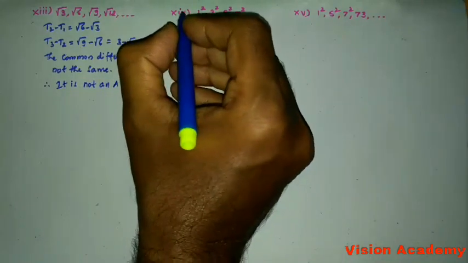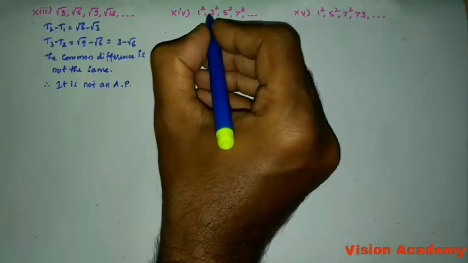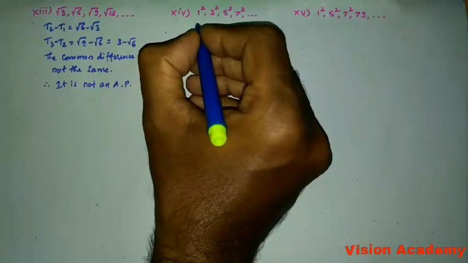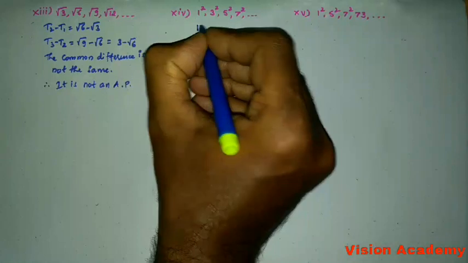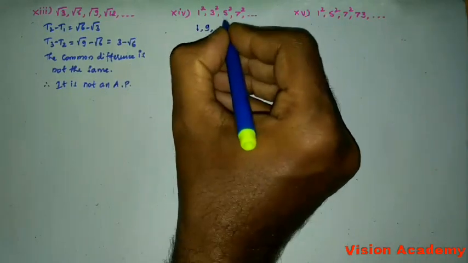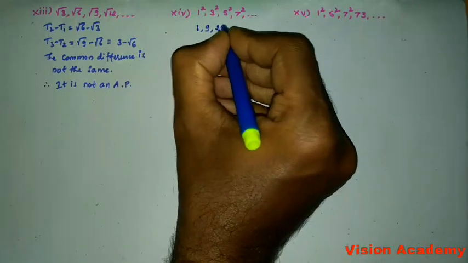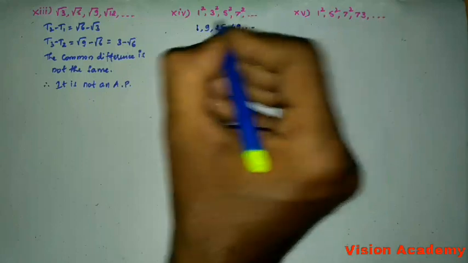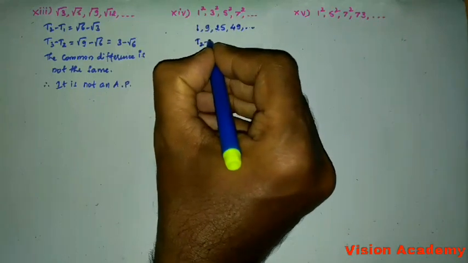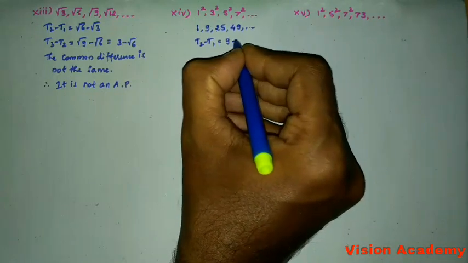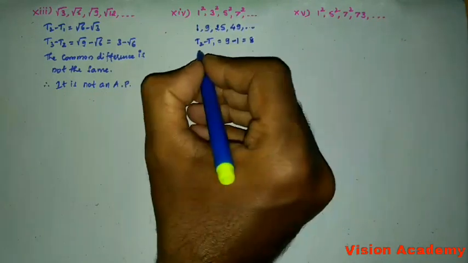Let us move on to question number 14. 1 square, 3 square, 5 square, 7 square and so on. Here we can write 1 square is 1, 3 square is 3 3s are 9, 5 square is 5 5s are 25, 7 square is 7 7s are 49 and so on. Let us write T2 minus T1 is equal to 9 minus 1, which gives me 8.